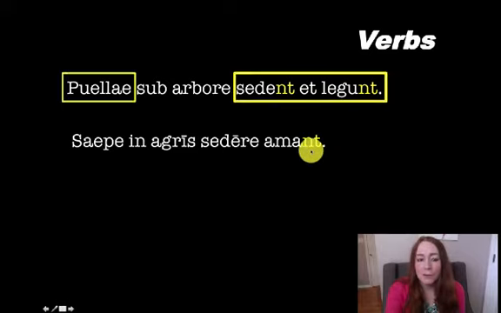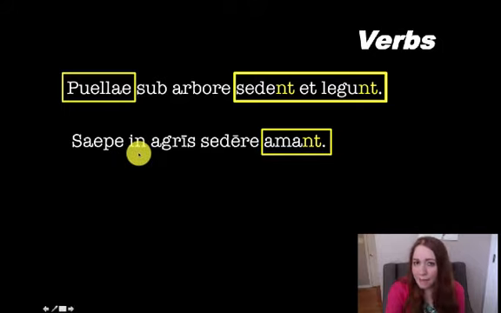So all of our verbs are actually third person plural. However, in the first sentence, we do have a noun in the nominative plural to represent our subject. So the girls sit and read. In the second sentence, we don't have a subject. There's no word in there that's in the nominative. So we find our subject based on the ending, NT. They love.